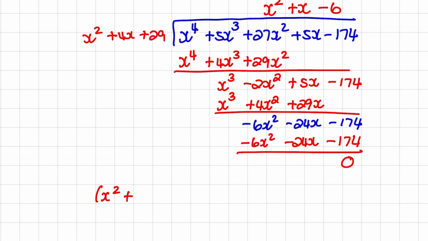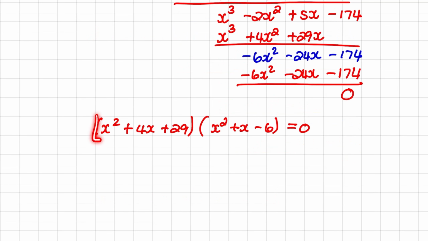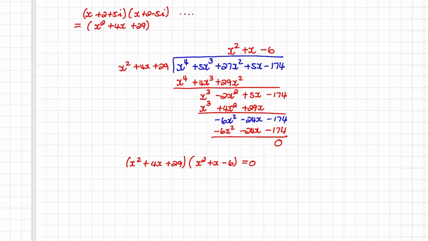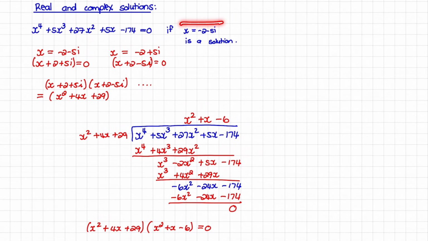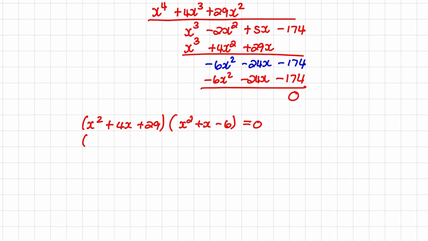We have (x² + 4x + 29)(x² + x - 6). And we already have the result of x² + 4x + 29 because that result was given right at the start, and we used its conjugate to find that expression. So when we factor this or reverse that, we have (x + 2 + 5i)(x + 2 - 5i).